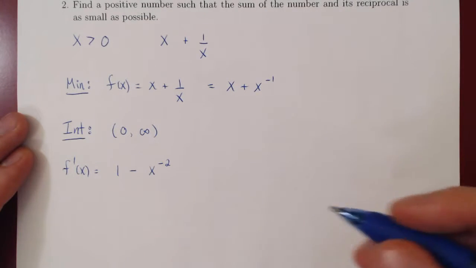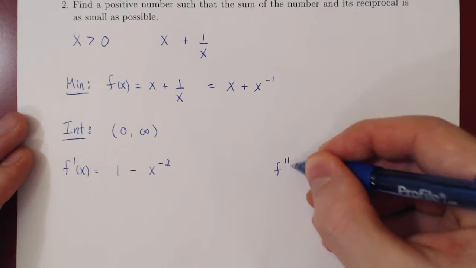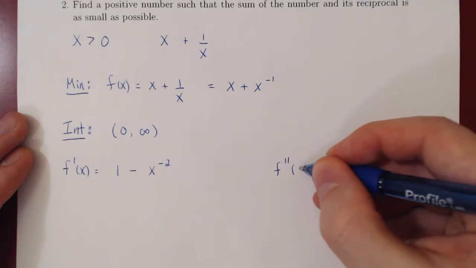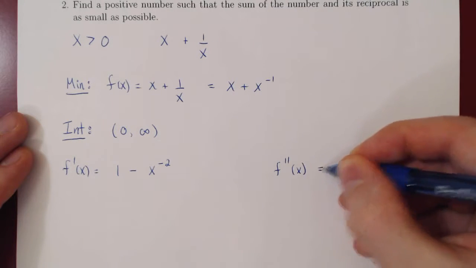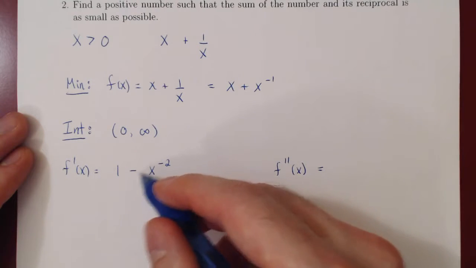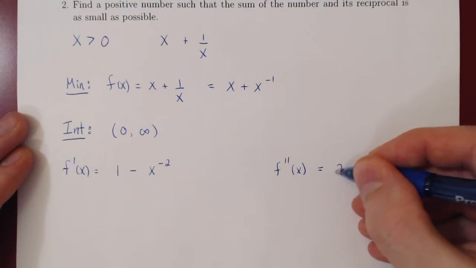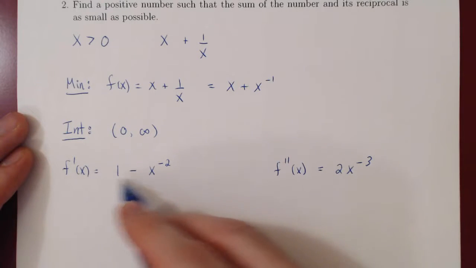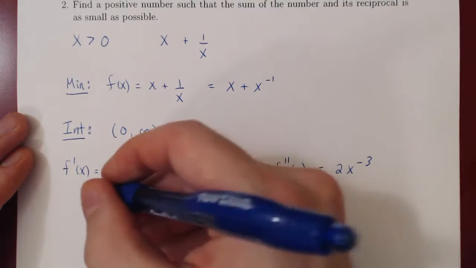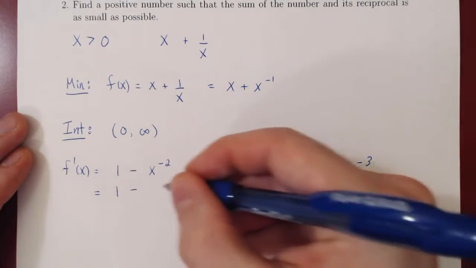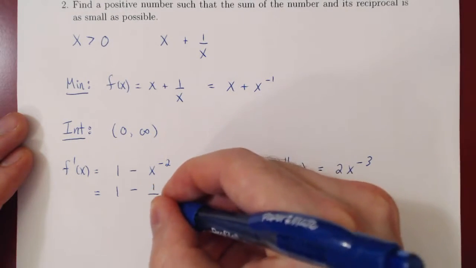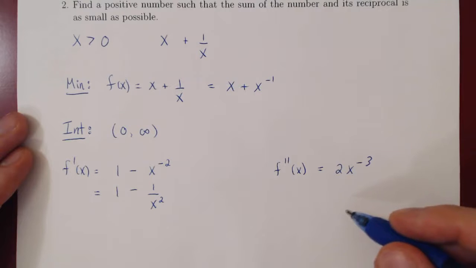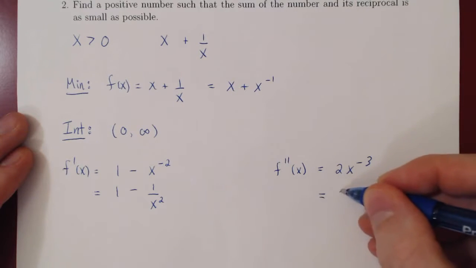Find the second derivative, f double prime, to give you concavity, which is the derivative of 1, which is 0, minus negative 2, so positive 2, x to the negative 3. You can rewrite both using positive powers of x, so the first derivative ends up being 1 minus 1 over x squared, and the second derivative simply 2 over x cubed.